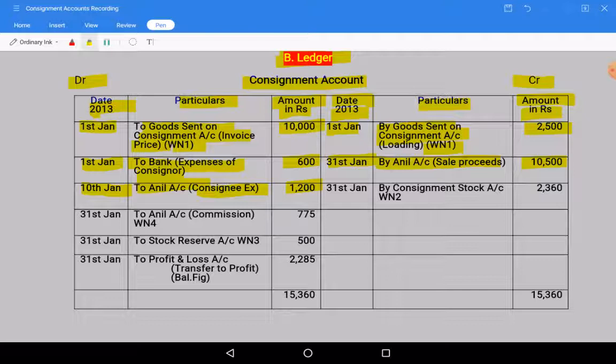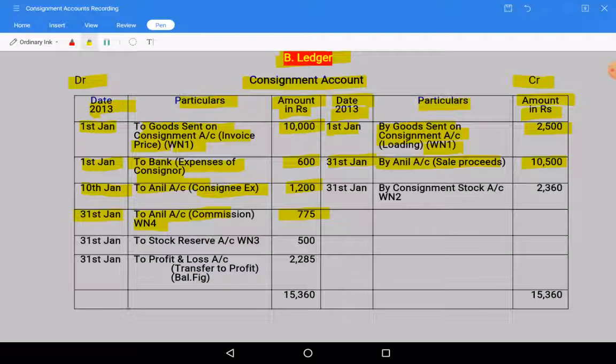So on the debit side, it is expenditure to consignor. Consignment account debit to Anil account, to Anil on 31st January, commission. Working note 4, you can see 775 rupees is the commission for Anil.